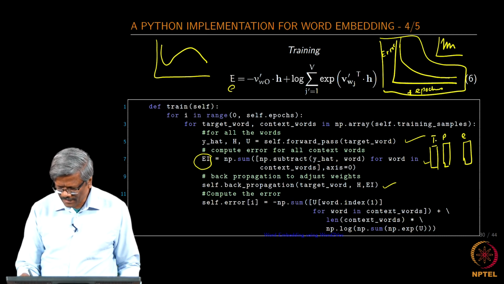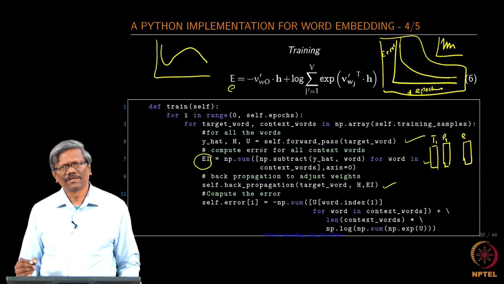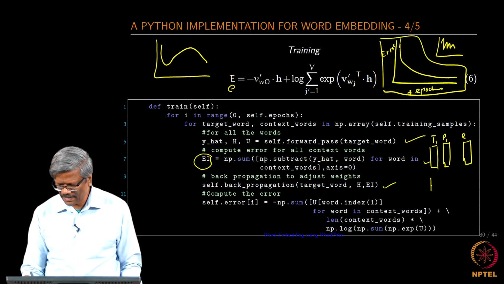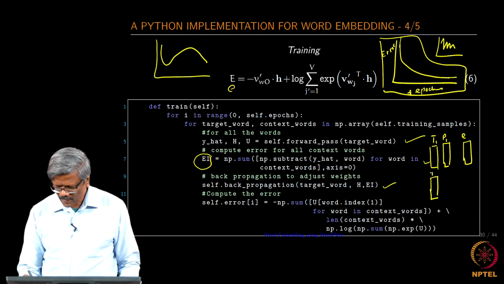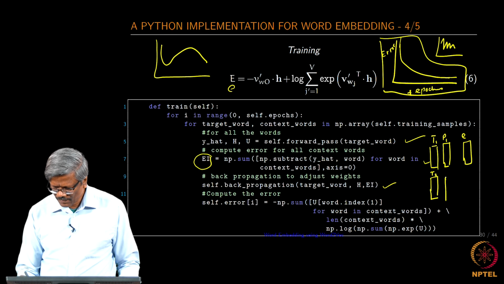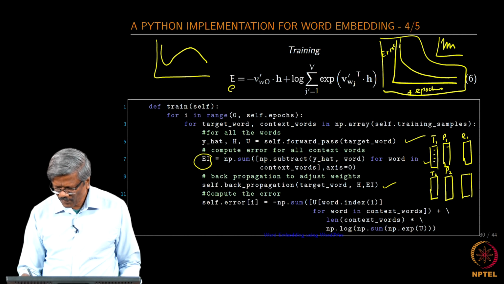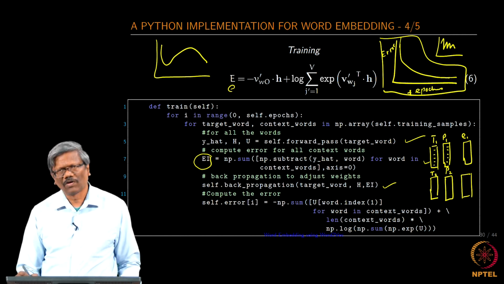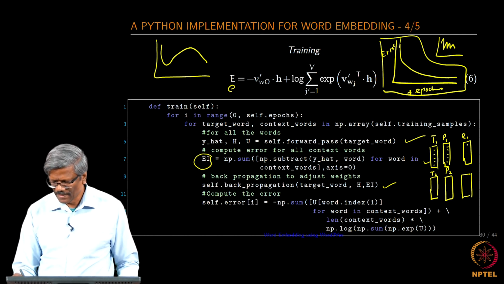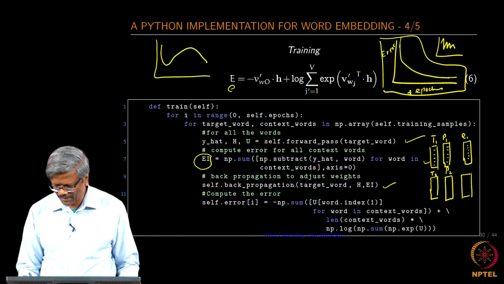So, let us say this is the first context word, target 1, predicted value 1, so error 1. Then target 2, predicted value 2, so error 2. When you compute the error, you do it for all elements or all the words. So, the size would be the same as T1, T2 and so on.